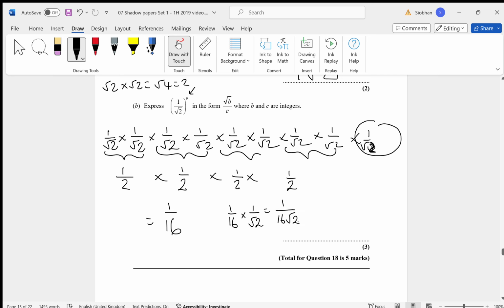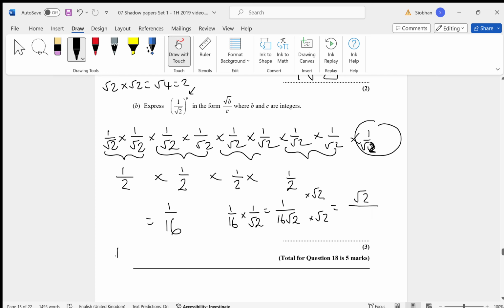Now, we can't actually leave square roots on the bottom. It's just what we call not rationalised. So to rationalise the denominator, we're going to times the top and bottom of this fraction by root 2. So 1 times root 2 is root 2, so that's the top. Now let's think carefully about this.